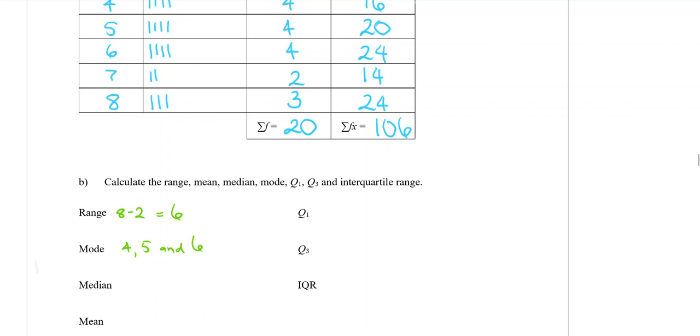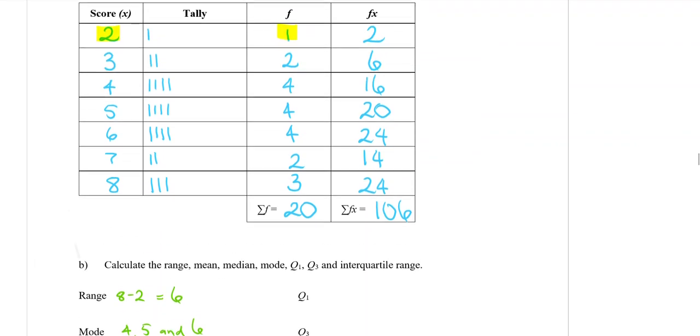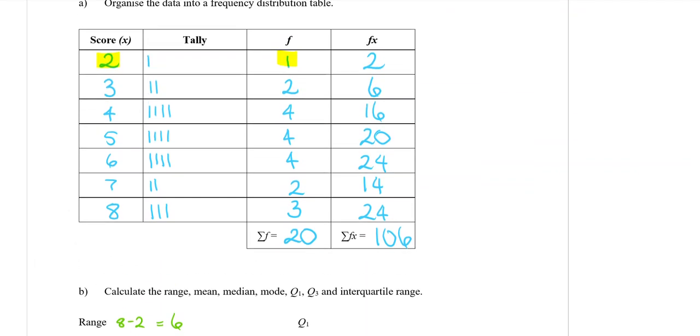Median. Now, before you write anything in the median down the bottom here, this is where I do a little calculation on the side of my table. I use my n plus 1 over 2 formula. I have 20 numbers in this table, so I'm going to go 20 plus 1 over 2. What does that equal? It helps you to find the middle. It's 10.5.